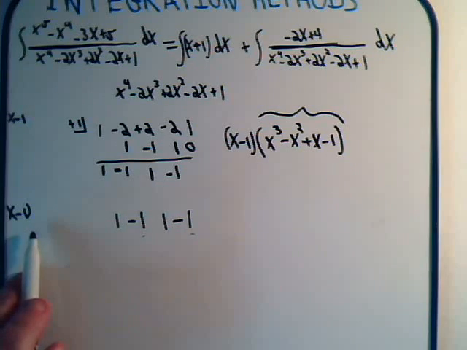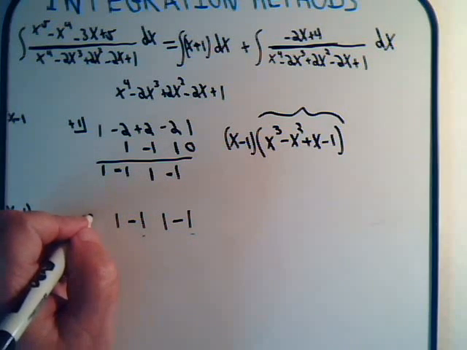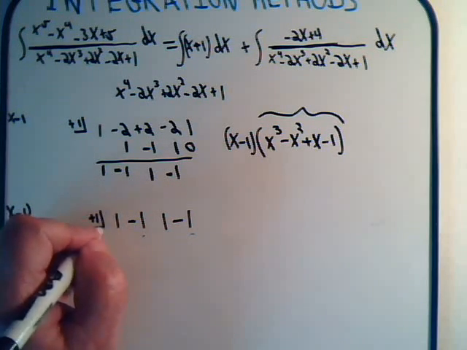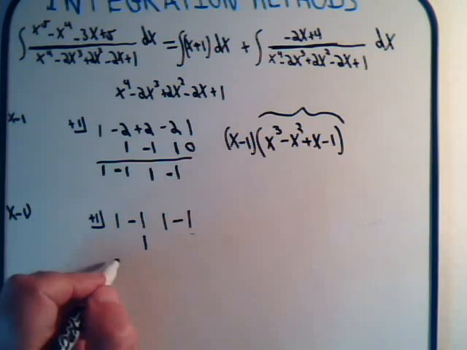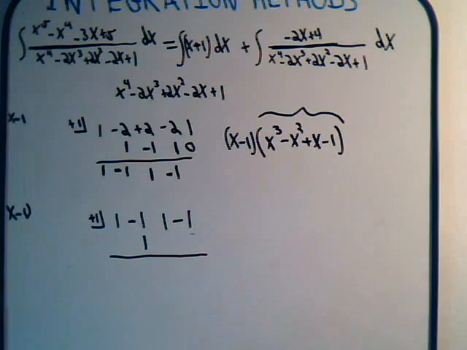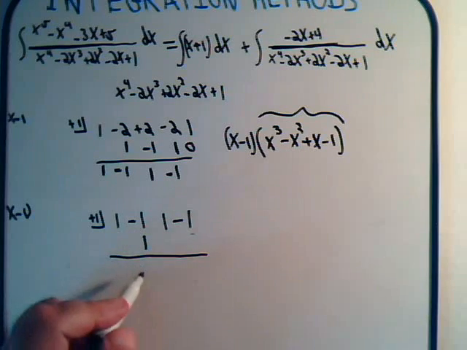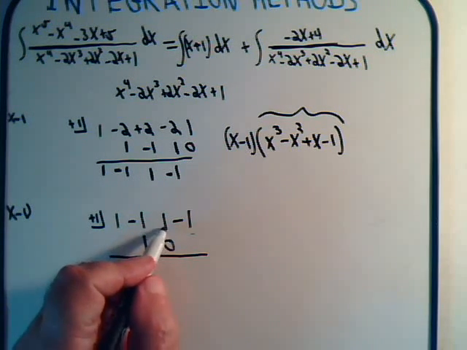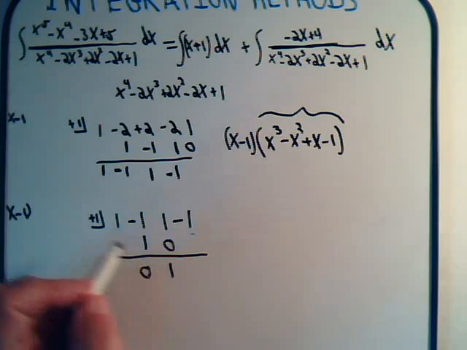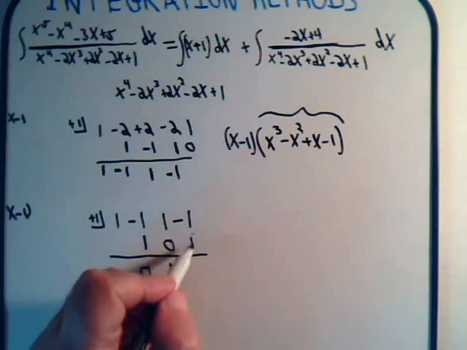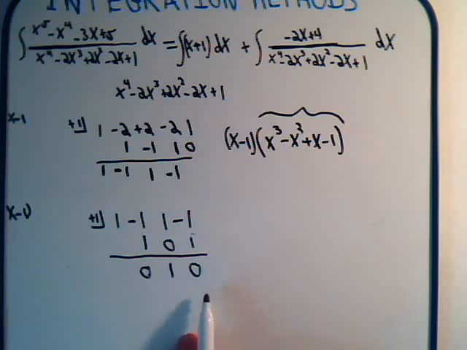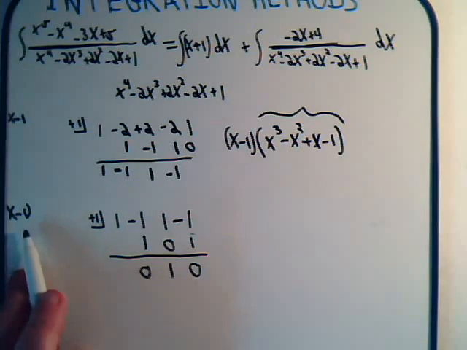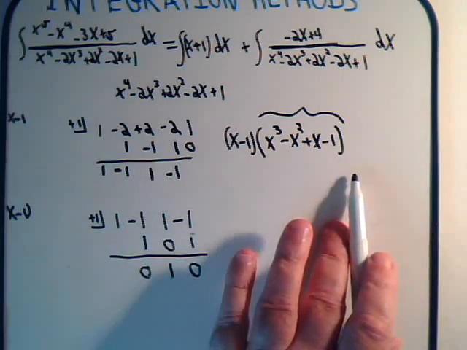So if this is x minus 1 here, now we write down plus 1. And again, we write it down here. And we add. This is 0 times 1 is 0. Add these together. This is 1 times 1 is 1. Add. We get 0. Yes, this is now a factor.